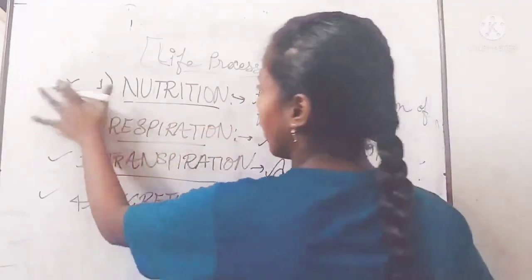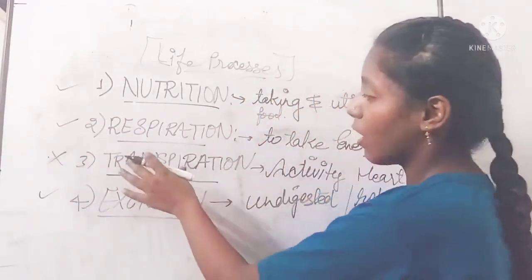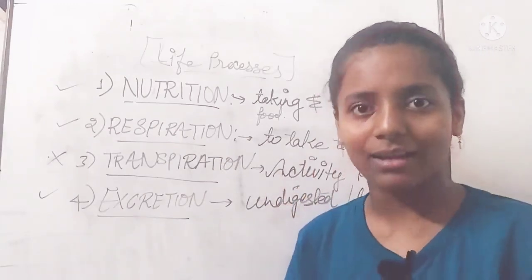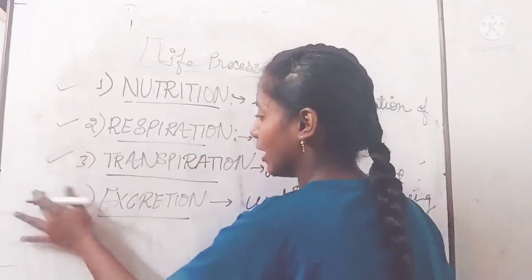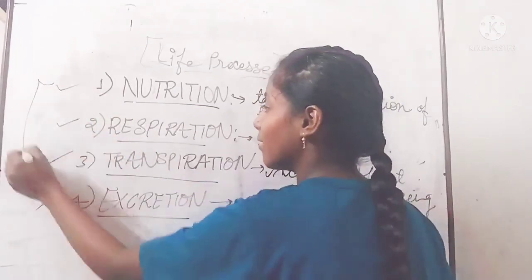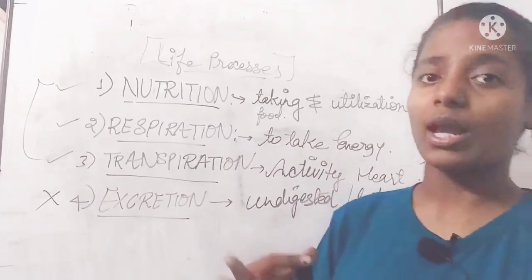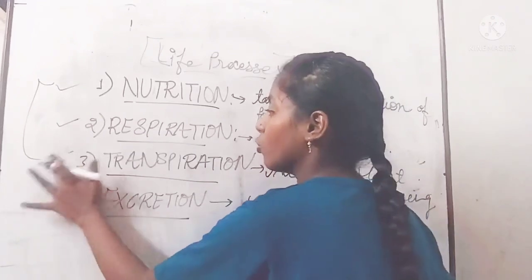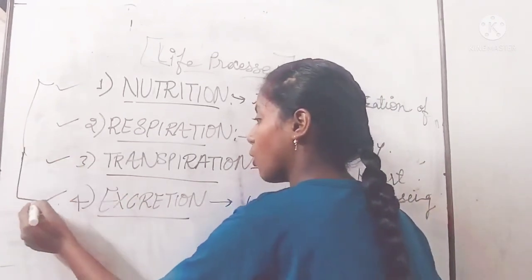No. If we have all these things but not our transportation system, would you be able to survive? The answers are coming right: no, no, no. And if all these things are happening but the undigested food is not released out of the body, would you be able to survive? The answer is also no, we cannot survive without excretion.